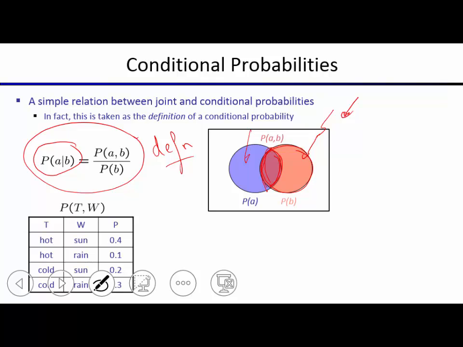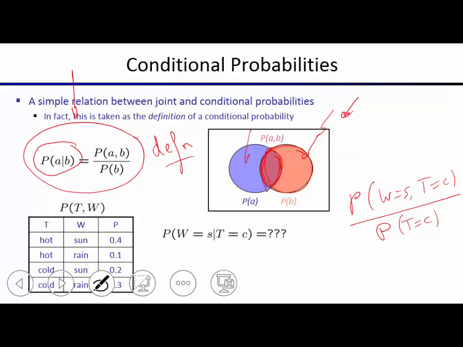Okay, let's look at the joint distribution as a starting point. Two random variables, T and W. Let's look at a conditional probability calculation. We're interested in the conditional probability of it being sunny given the temperature is cold. How do we compute this? The definition is right here. We need the probability of W equals S and T equals C, divided by the probability of T equals C. The first one, S and C, is over here.